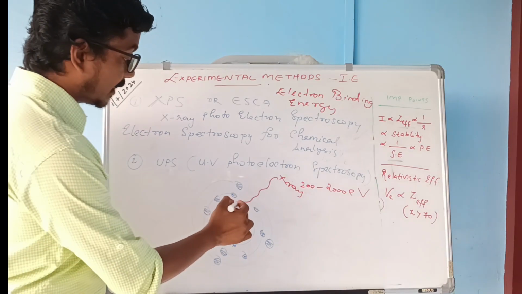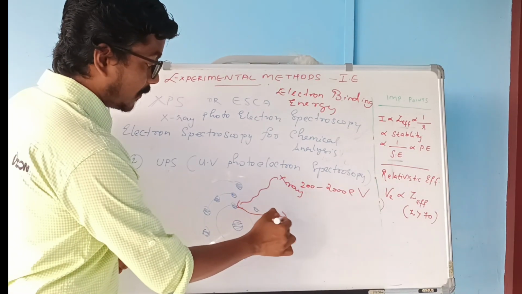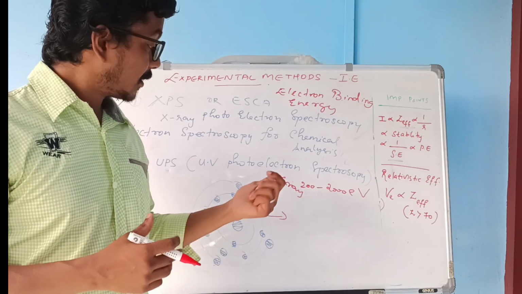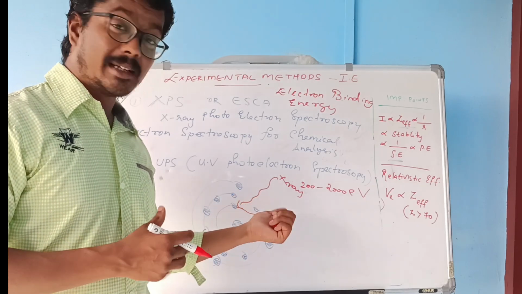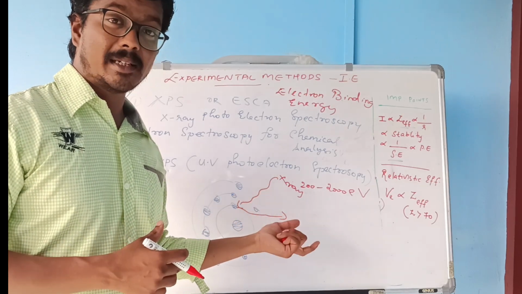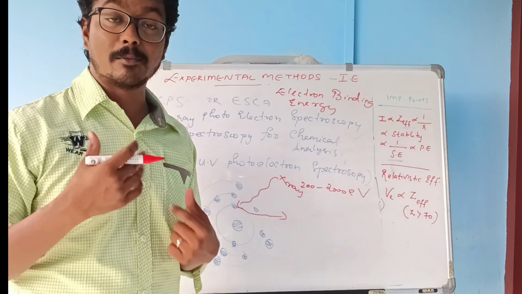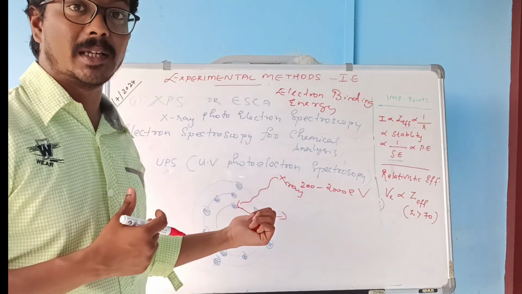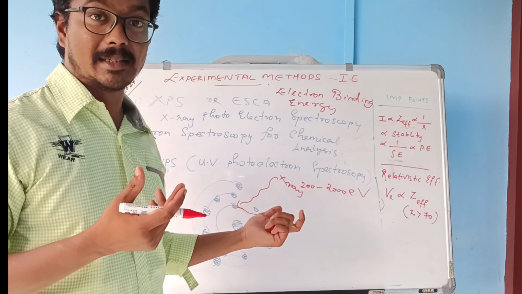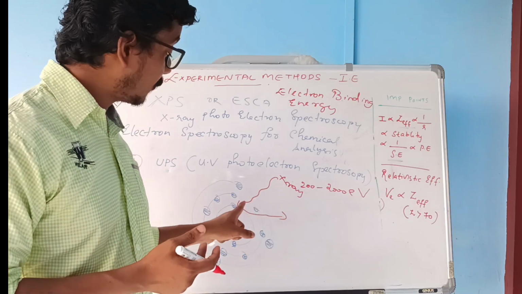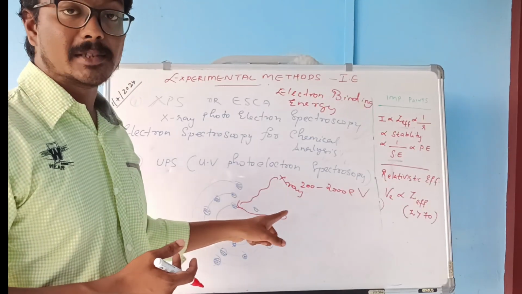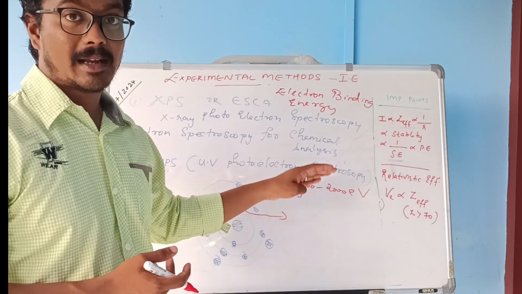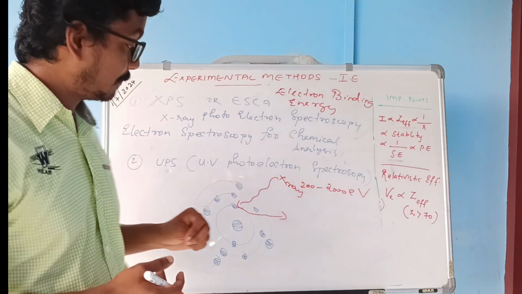As a result of that, this electron will get ejected. The ejected electron moves with a speed, and we are going to measure that speed in terms of kinetic energy. So we are measuring the kinetic energy of the ejected electron, thereby understanding the ionization energy or binding energy.